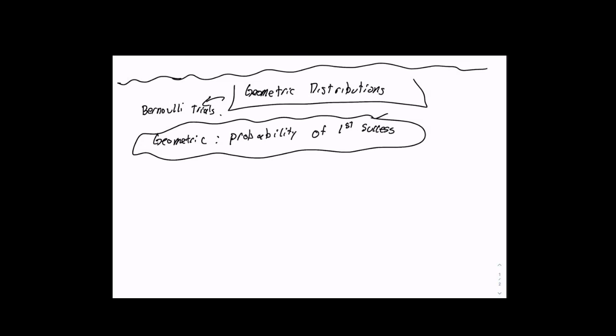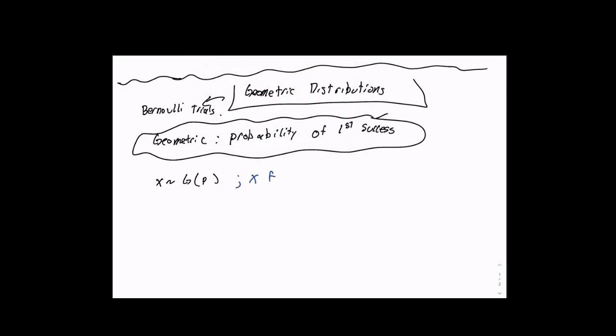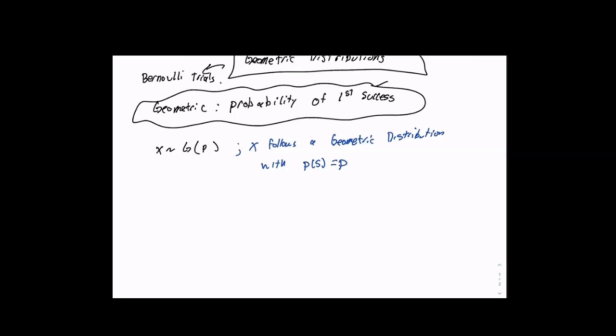We can say X follows a geometric distribution with probability of success equal to P. Of course, that number is going to change depending on the problem.